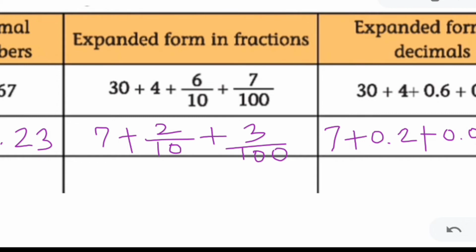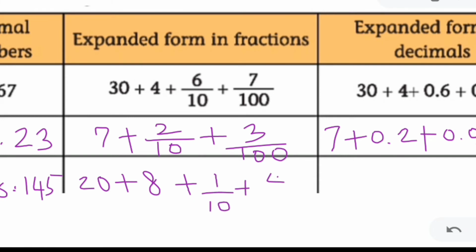And another one, the last example, 28.145. How do we write? 28 means 20 plus 8 plus 1 by 10 plus 4 by 100 plus 5 by 1000. And here, how do we write in decimals?